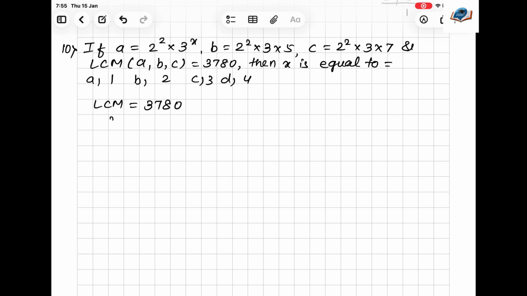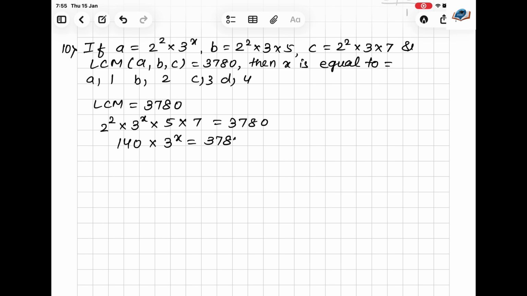So here also LCM is 3780 of all the three numbers. If you see carefully, 2 square is common in all, then 3 raised to the maximum power of 3 is x, and then 5 into 7 equal to 35. So I can say 140 into 3 raised to x equal to 3780.